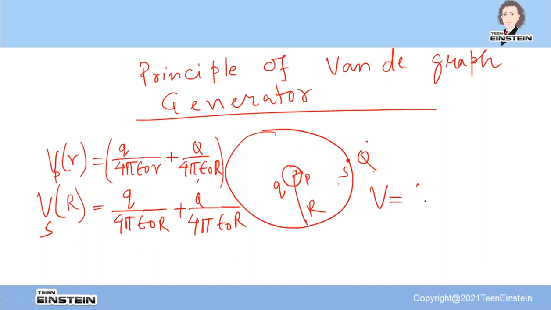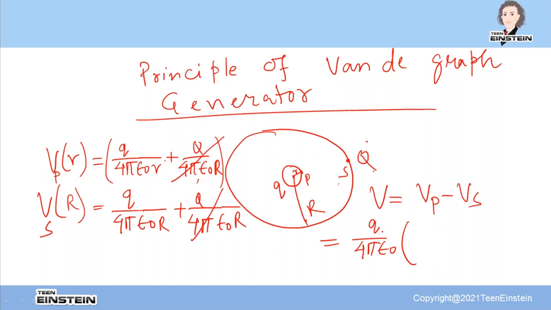So these are the common terms, they will get cancelled. So what you will get is actually q by 4 pi epsilon naught, this is common for both the cases, and you have this as 1 by small r minus 1 by capital R. Do you agree with me? This will be the potential difference.